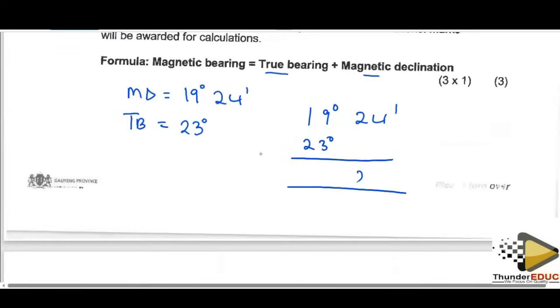So which will give us 24 minutes, and it will be the same as 42 degrees, 24 minutes as our magnetic bearing. Remember, this one is not an accurate true bearing because I'm not using a protractor to get the accurate true bearing. Okay.